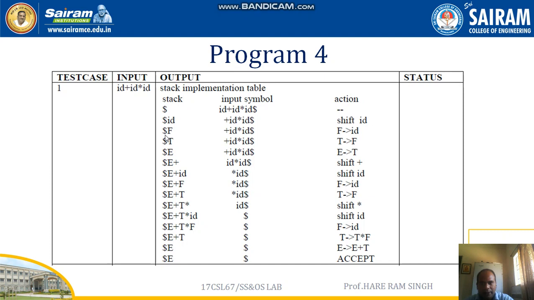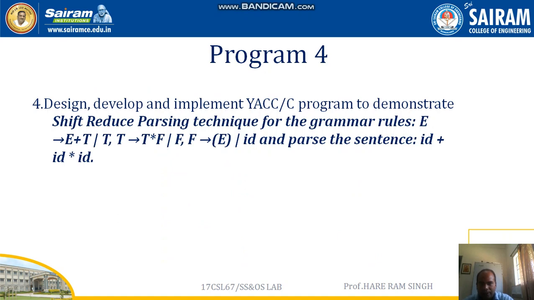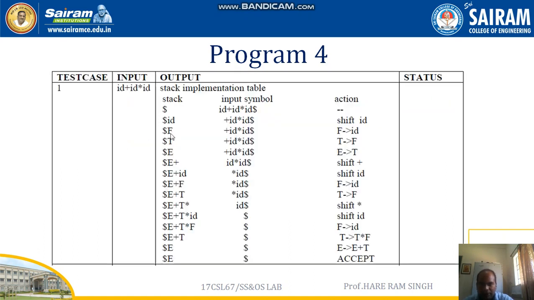Next, again it is telling that F can be reduced to T. Let us see. Here T tends to T into F or F, so F can also be reduced to T. So F is reduced to T. Next, T can also be reduced to E according to the grammar.